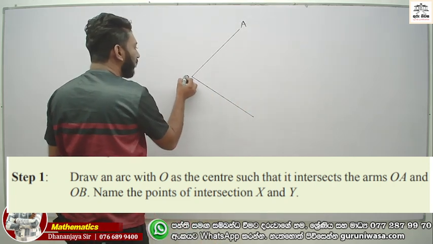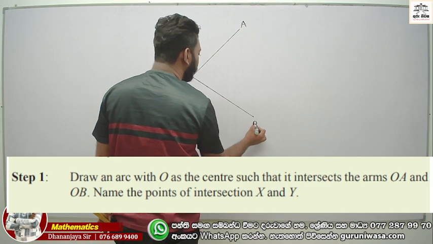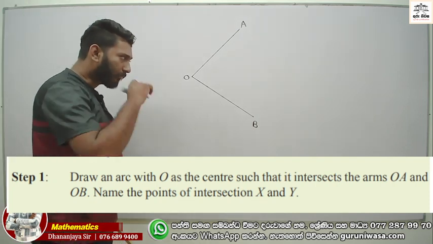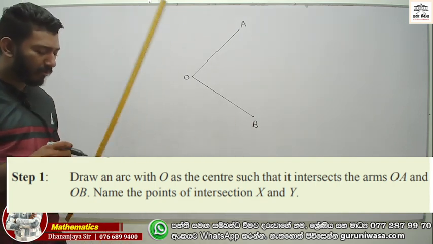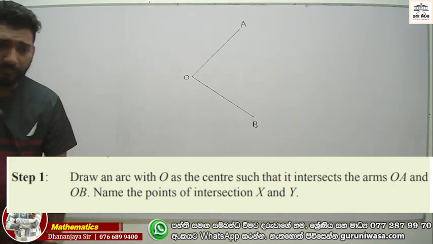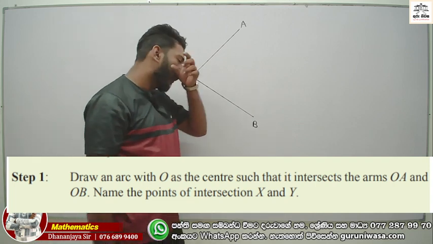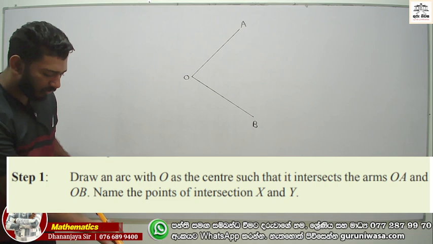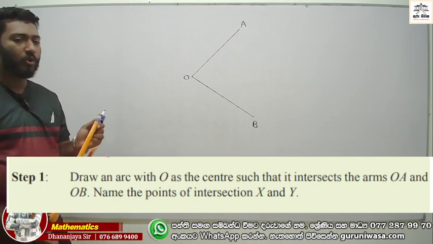Now O is the vertex point, angle AOB. Now what is step number one? Draw an arc with O as a center, and it intersects the OA arm and the OB arm.